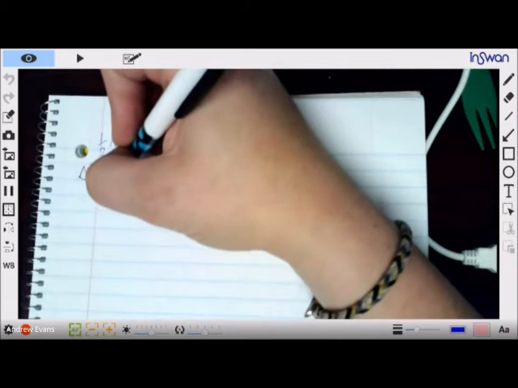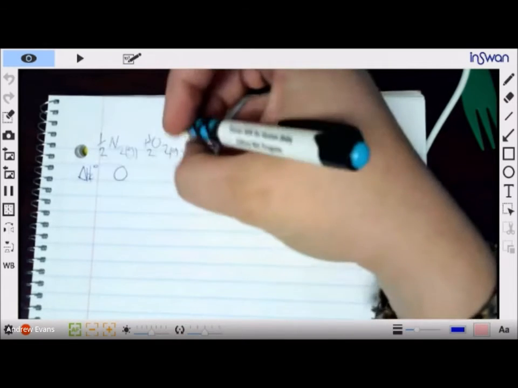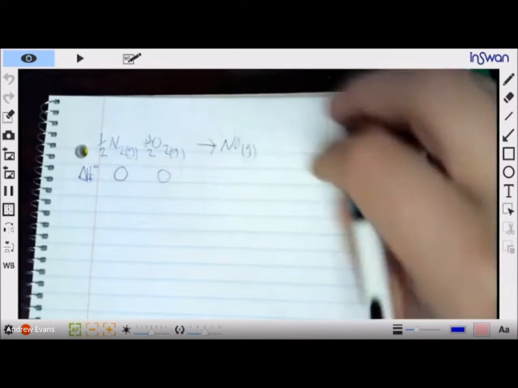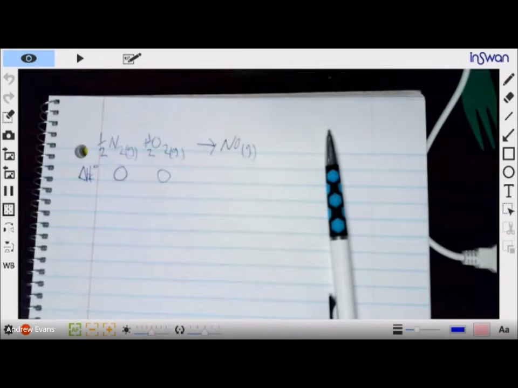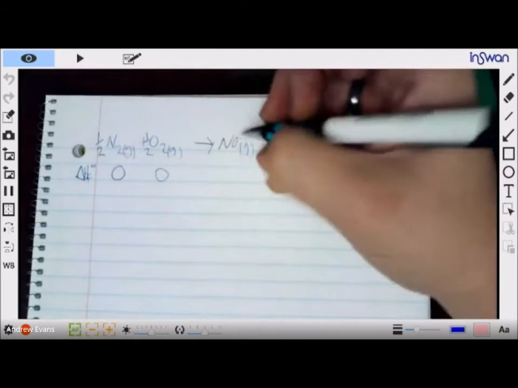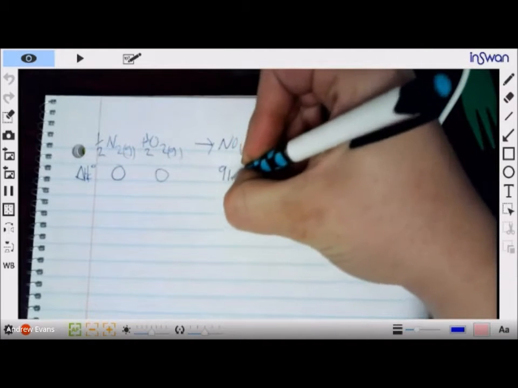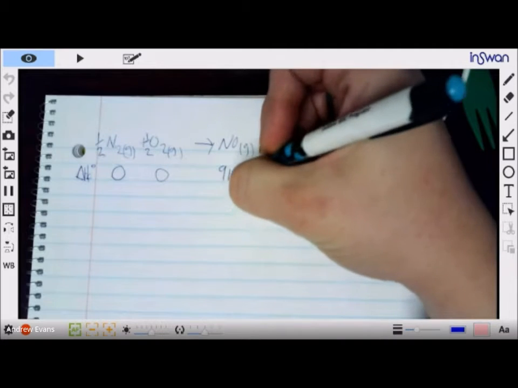So I have to look at the delta H formation. Well, for pure elements at 298, it's going to be 0. Looking up in the back of the book for NO, heat of formation at 298, it is 91.3 kilojoules per mole.